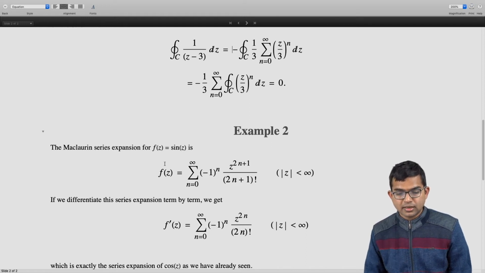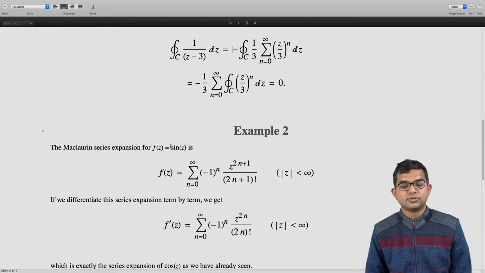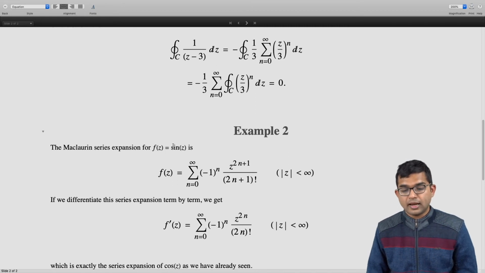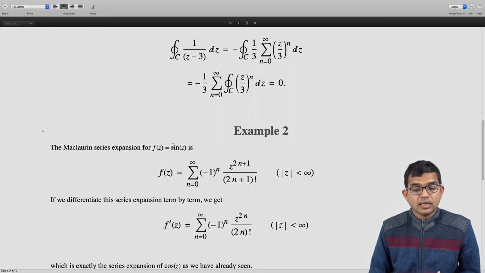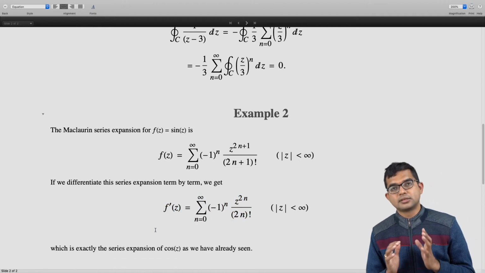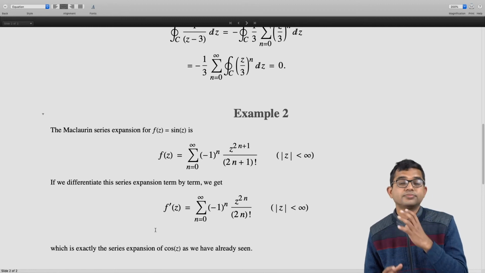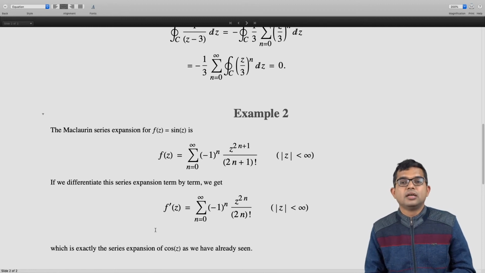But what is the derivative of this function? The derivative of sine of z we have seen is just cos of z, from the definition of sine of z, and we also obtained the Taylor expansion of cos of z from first principles, and in fact that is nothing but this expansion. So you see that indeed it is legitimate to differentiate term by term as long as you are within the region of convergence.